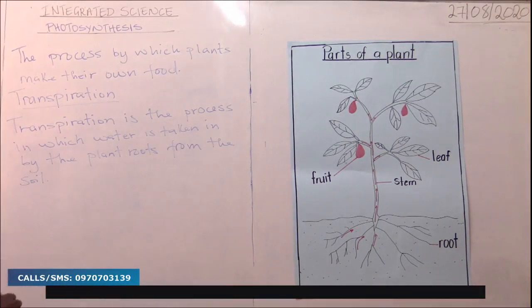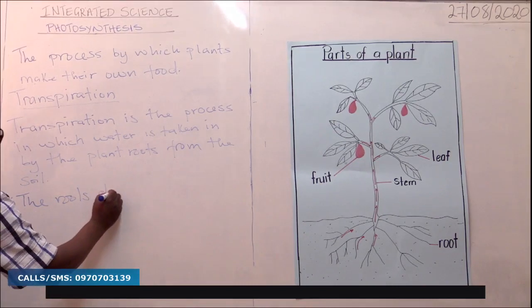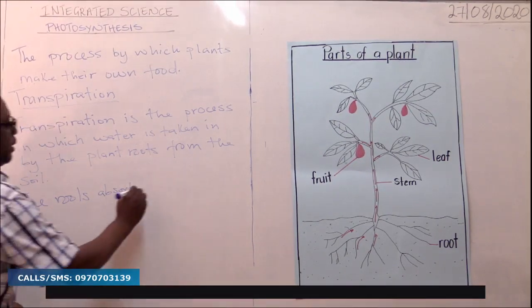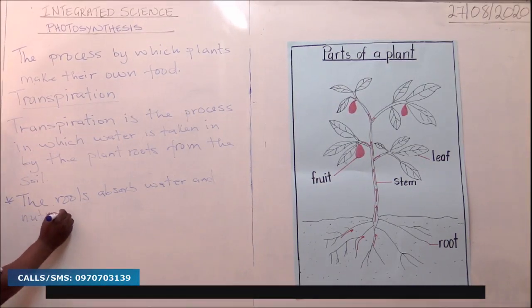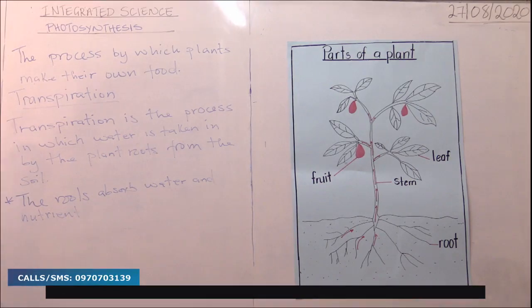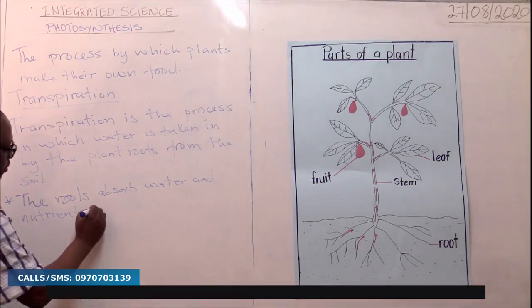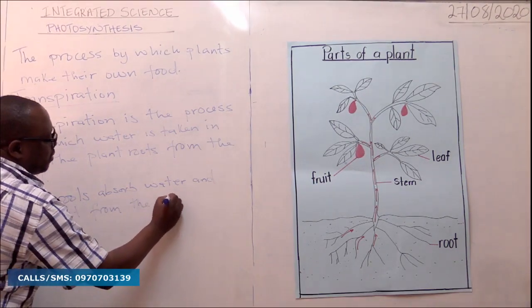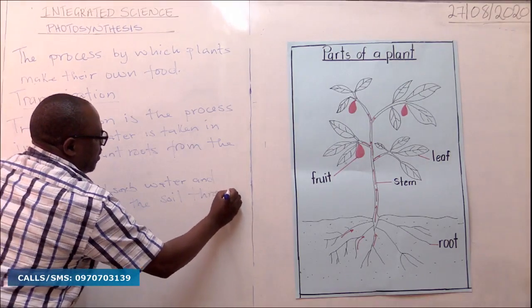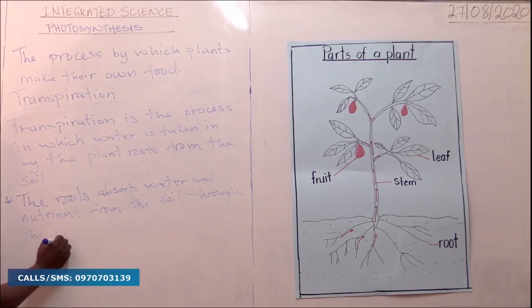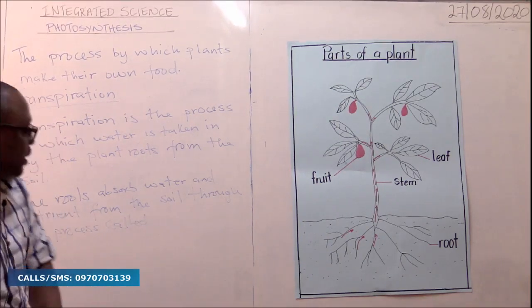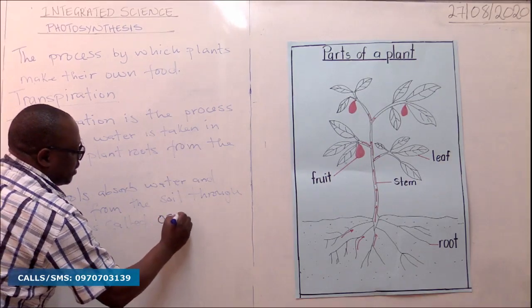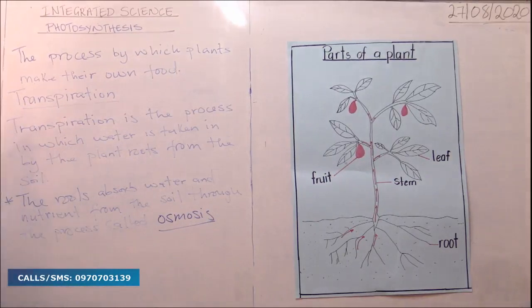Okay, so the roots absorb water and nutrients from the soil through the process called osmosis.